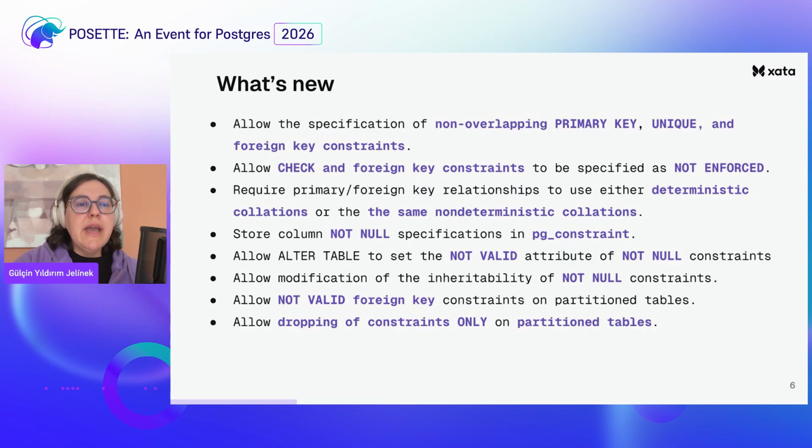Another thing I wanted to show with this slide is how much work goes into Postgres in each release. These are all patches, and some of them, for example not null, have been developed and discussed since 2010, and now it is in Postgres 18. It took 15 years, and it was actually going to go into Postgres 17.